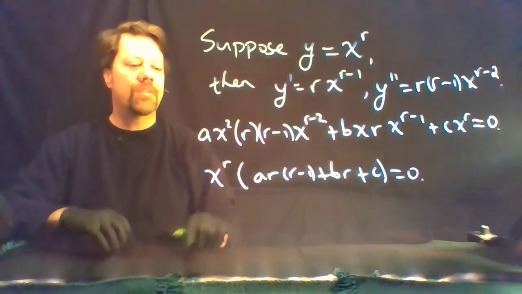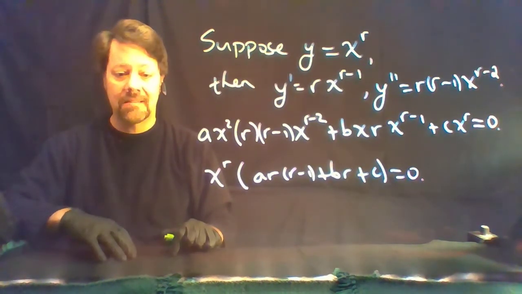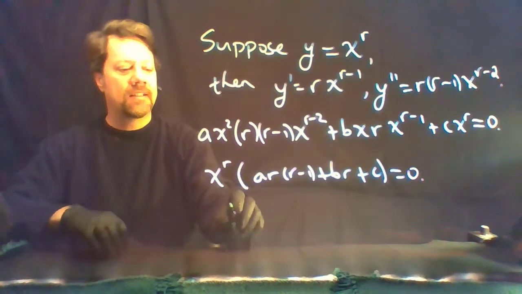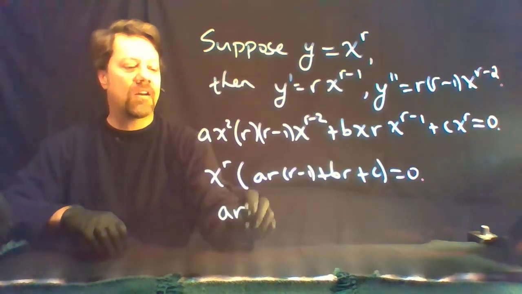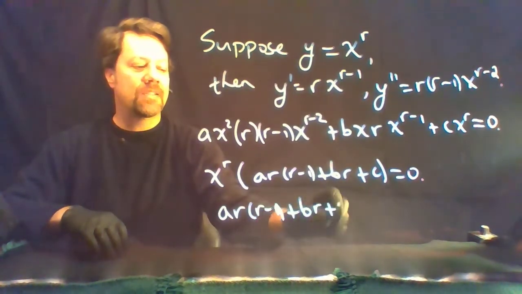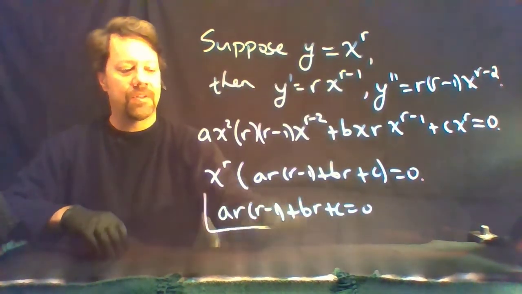If this equation is to be true for all x, and in particular for x equals 1, it follows then that we get an equation ar times r minus 1 plus br plus c equals 0.